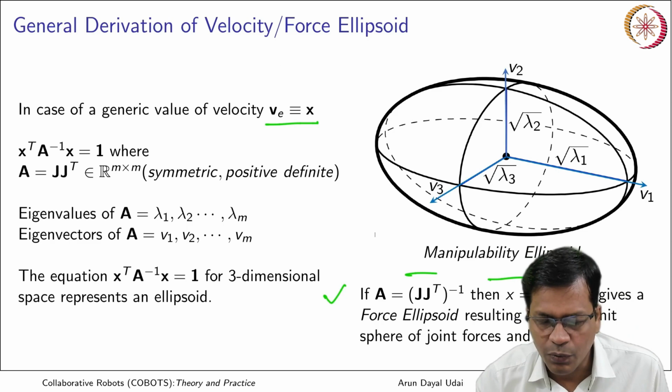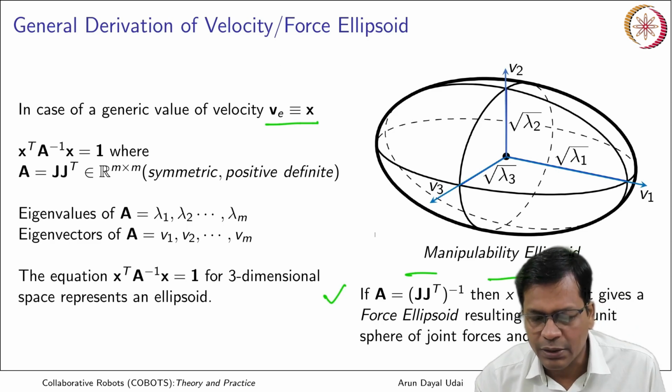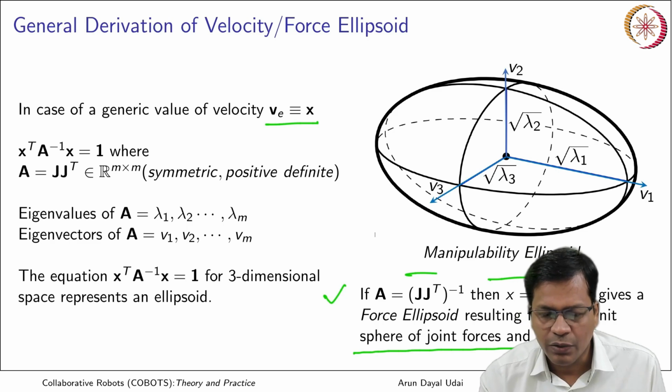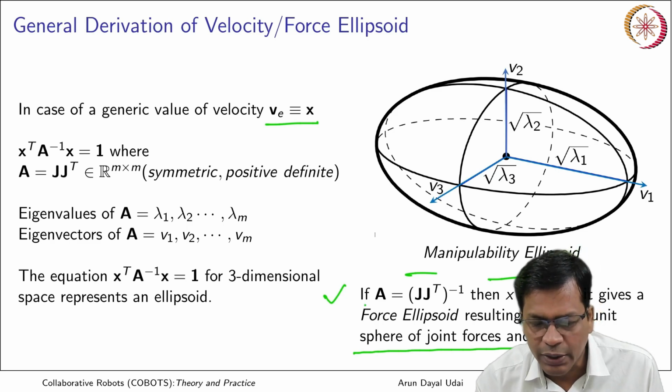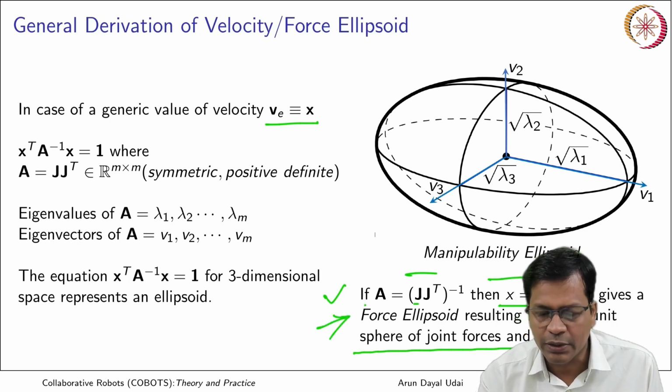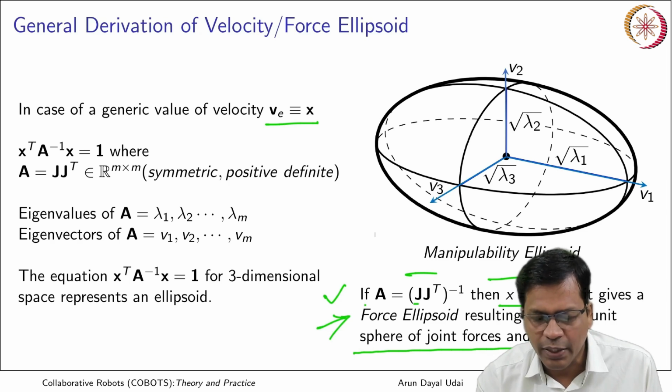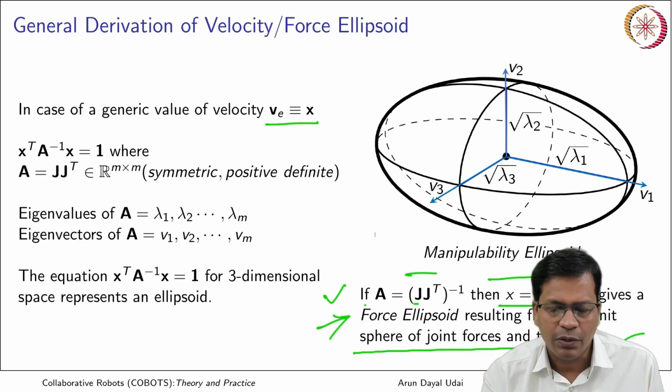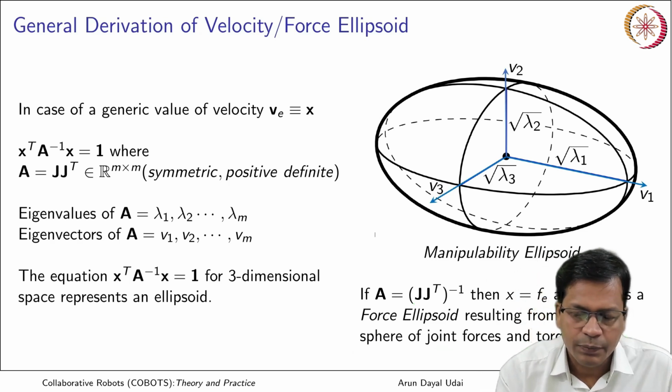Okay, so the force ellipsoid results from the unit sphere of joint forces and torques. So if A is equal to (JJ transpose) inverse when x is equal to Fe, it gives a force ellipsoid resulting from the unit sphere of joint forces and torques. Okay.